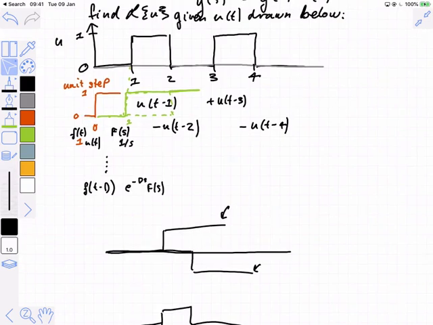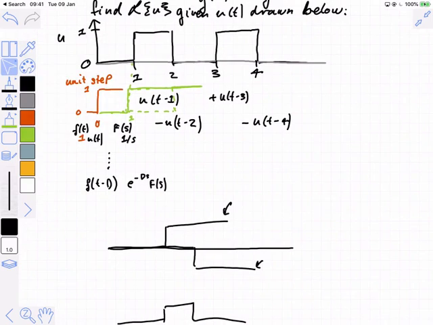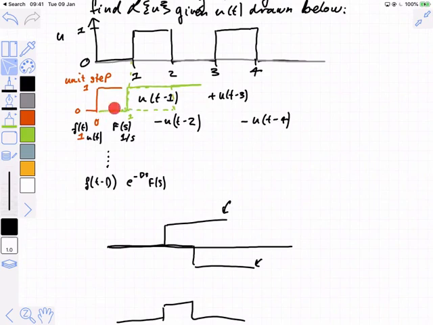Remember, I'm trying to express a complicated function as the sum of some simpler functions. And look how useful it is that the unit step is 0 for times less than 0. It means that I can add that 0 infinitely many times and not have any effect to the left of that time. Okay, so this is a very important property.